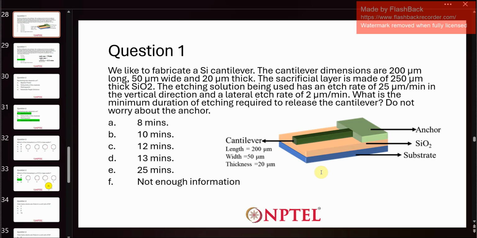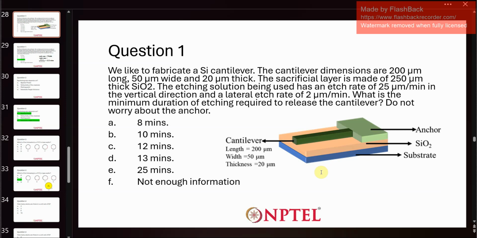2 micrometer per minute. So now, to release the cantilever, what do we need to do? We need to dissolve or etch away the sacrificial layer that is below the cantilever. If the sacrificial layer below the cantilever is etched, the cantilever will be released.